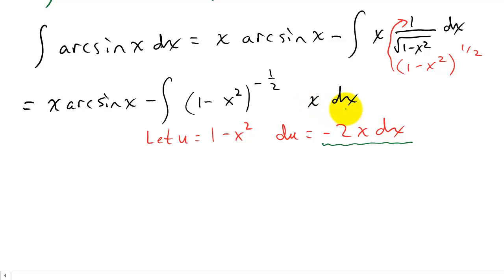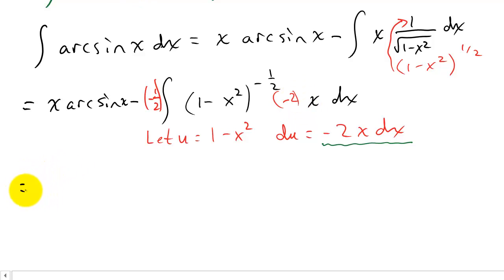Well, all I have is x dx. I need my negative 2. So I'm going to multiply by negative 2. And if I multiply by negative 2, I have to come outside here and multiply by the reciprocal of that, which is negative 1/2. Okay, so now I can replace everything.